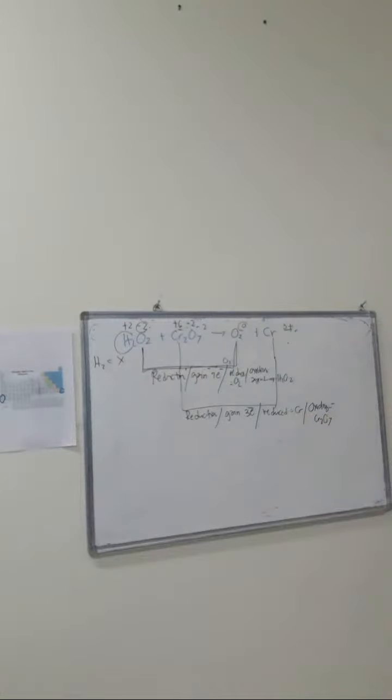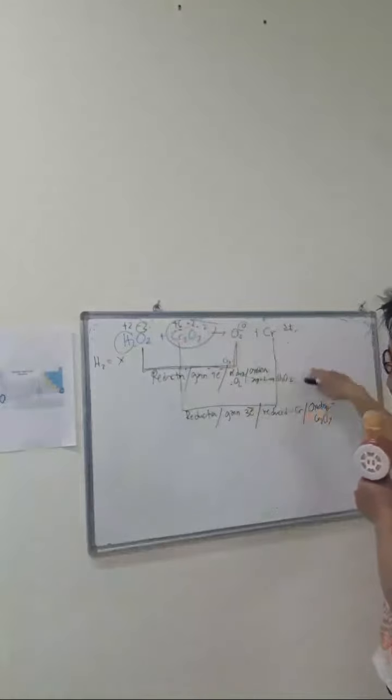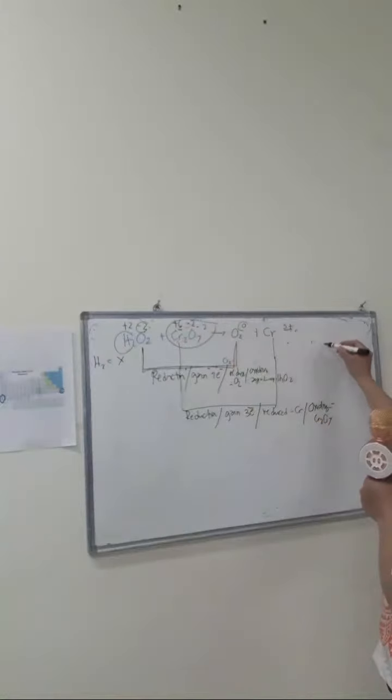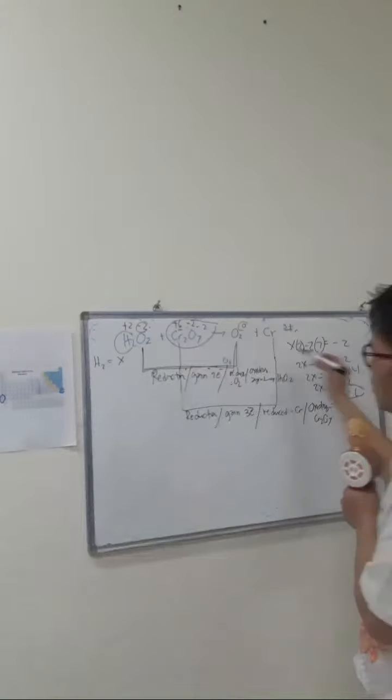Review the chromium charge because it looks like it's impossible to have only reduction. So -2 times 7 is -14, 2x minus 14 equals -2, 2x equals -2 plus 14, 2x equals 12, x equals 6, so x really is 6.